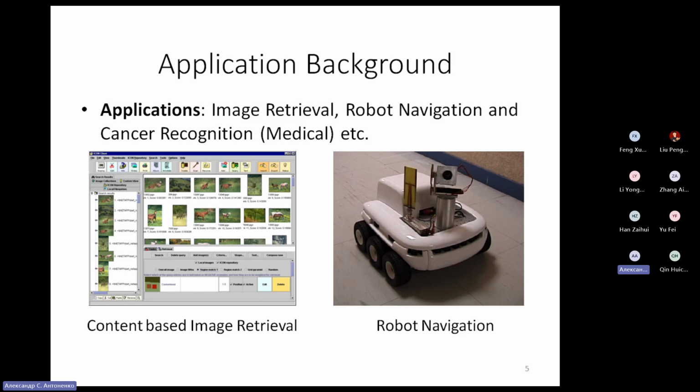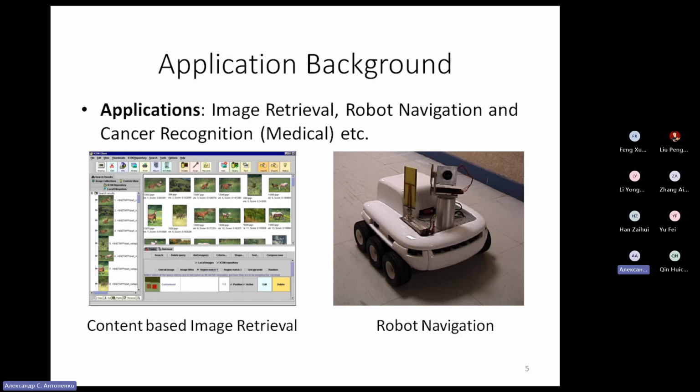Maybe we have a picture from an autonomous navigation system, for example a robot, and we want to understand where it is located and what it sees. Or maybe in some image retrieval system, or a system that gets images from a camera, we want to know what happens.